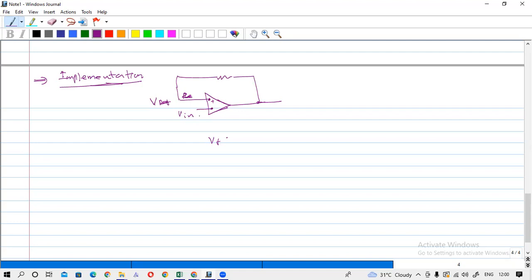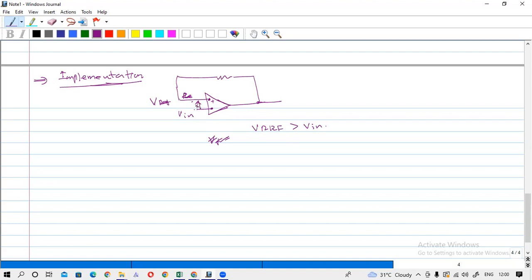The most important thing you should understand is, if this Vref is greater than V in, in other words, if your voltage difference is in this direction, this is the high voltage and this is the low voltage.